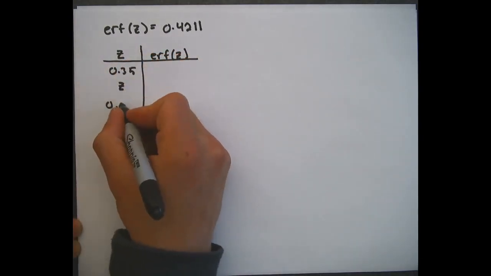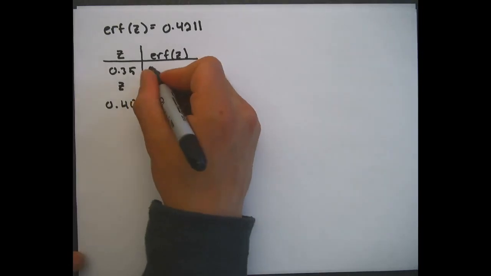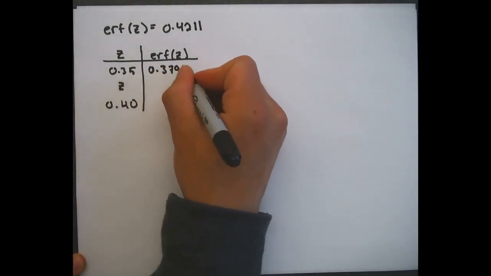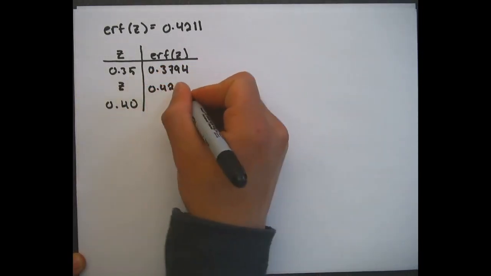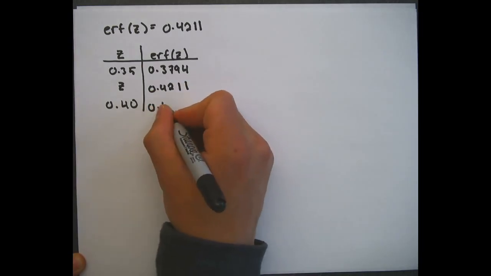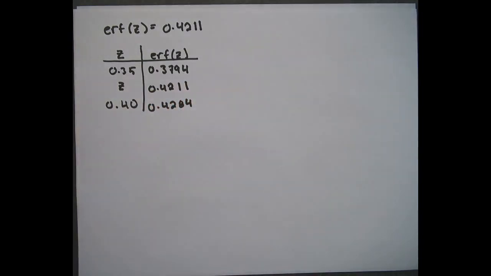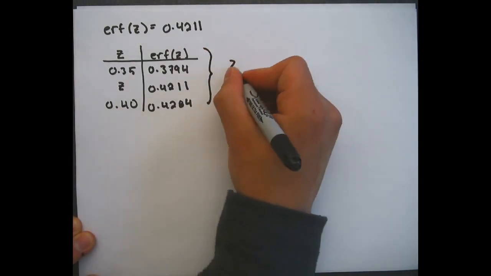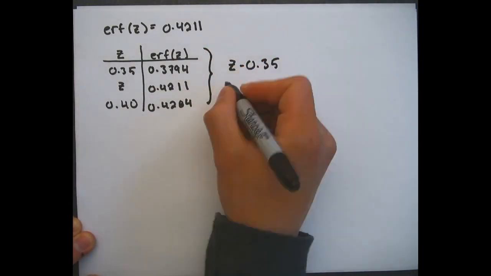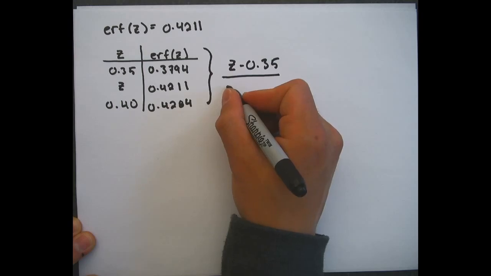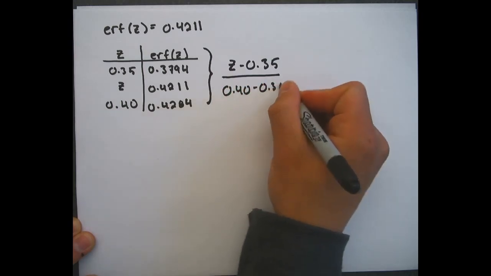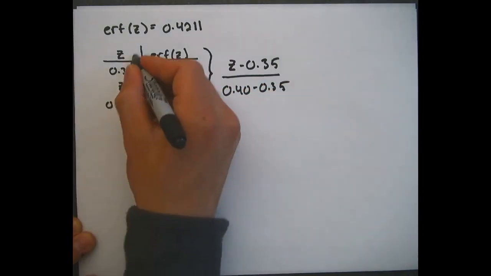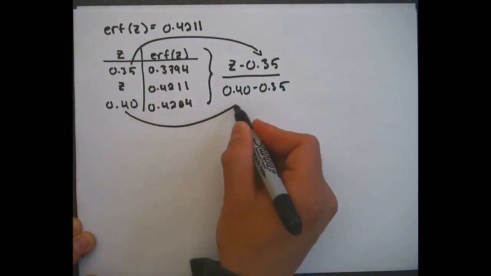So now we have our value of the error function of z. We find the two points that it lies in between, and then we leave our z as variable z, and we set it in between the two z values, in between the two error function values. To write out this formula, we do z minus the lower bound z, over the higher bound z minus the lower bound z.